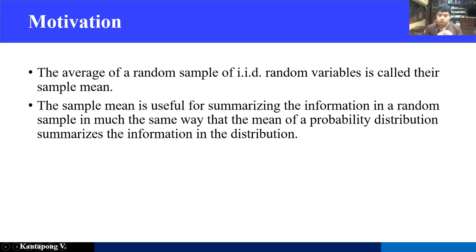So the motivation: when we summarize information, let's say in the last video, when we talked about taking the data from the index in order to see the patterns, the summary data that we usually want to construct is the average of a random sample.